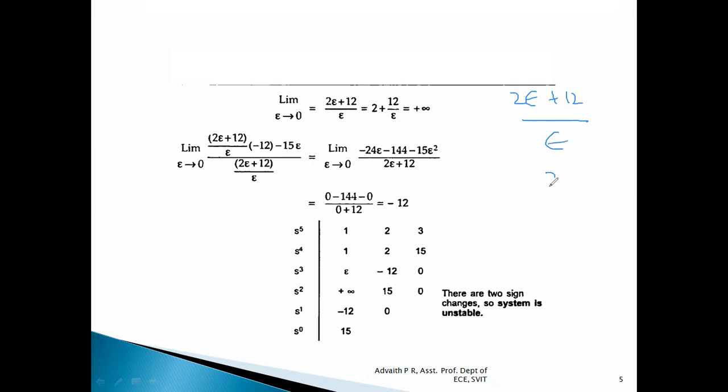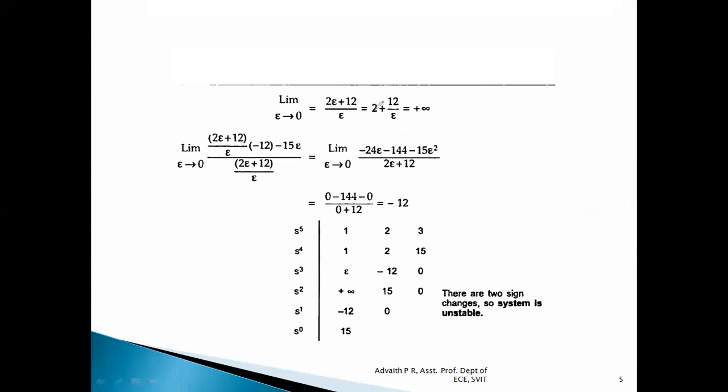So we have split that: 2 epsilon divided by epsilon plus 12 divided by epsilon. Epsilon and epsilon get cancelled here. So we'll be left with 2 plus 12 divided by epsilon. The same thing is being written over here.